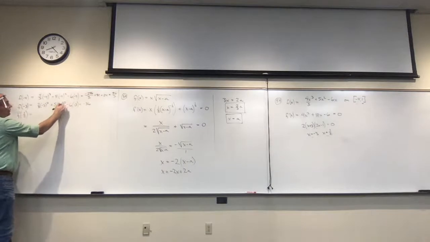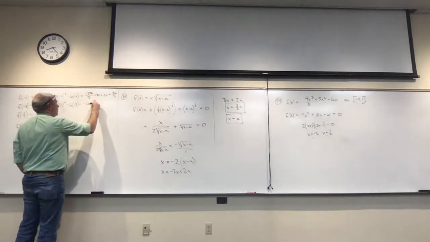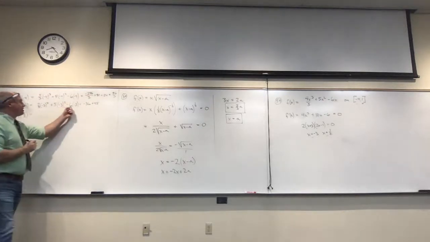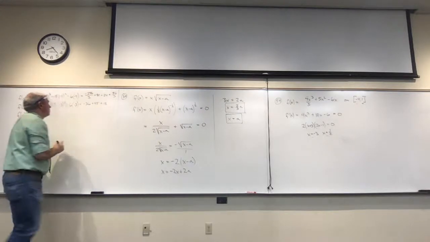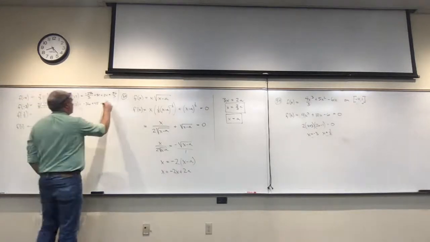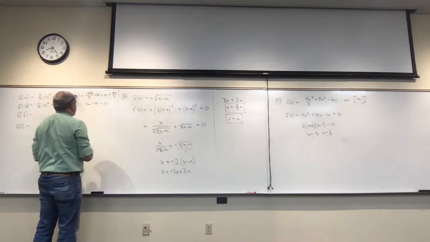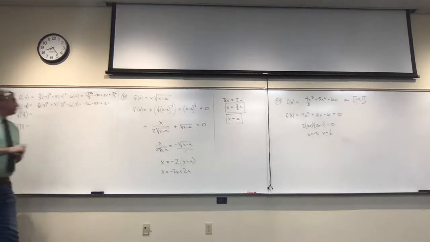Negative 3 squared is 9 times 5, 45. And then negative 6 times negative 3 is 18. So what do we get? 45 plus 18 is 63, minus 36 is what? 27? Yes.